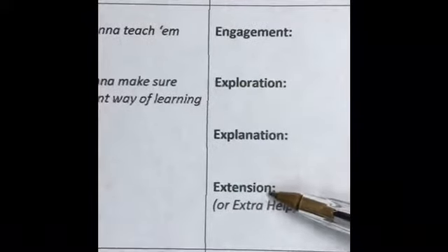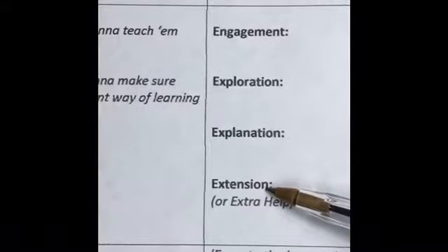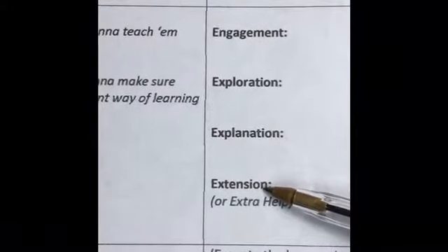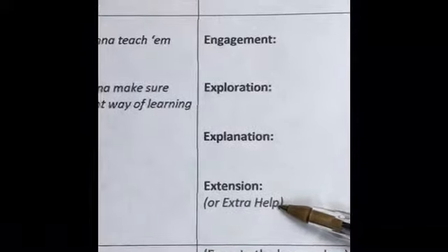And then the last phase that's important is, for your higher learners, extension, or if you have learners that need repetition, your slower learners, maybe they might have extra help at that particular point where they're getting repetition of the concepts, explanation of things in a little more detail if they didn't get it the first time or second or even the third time.